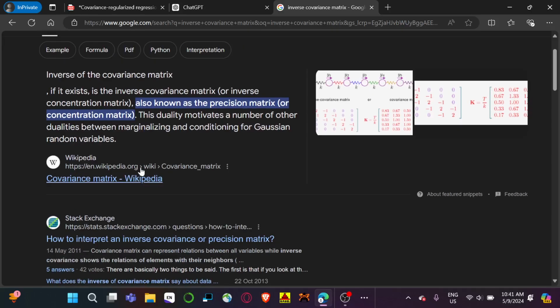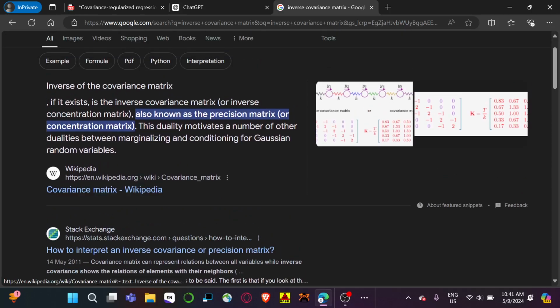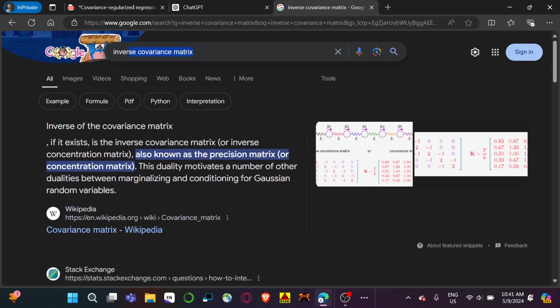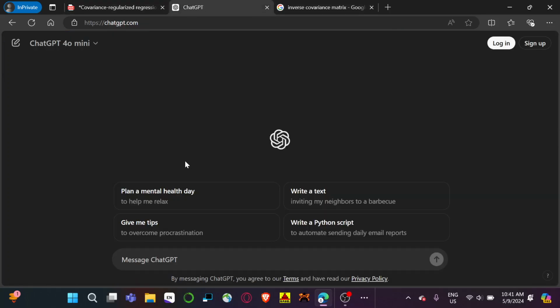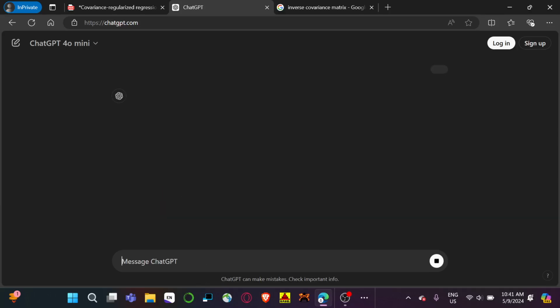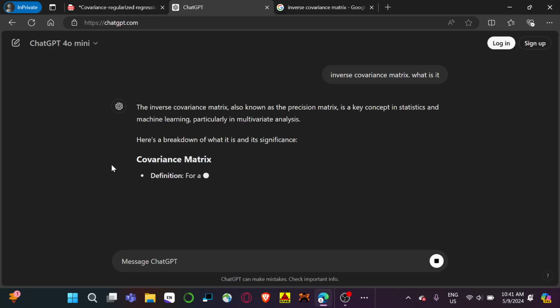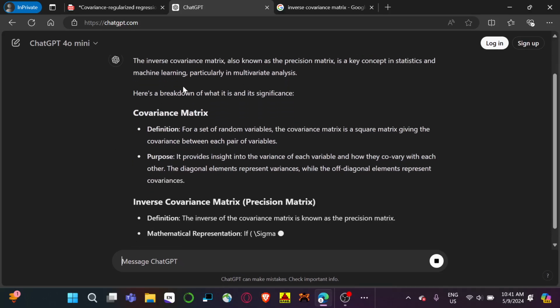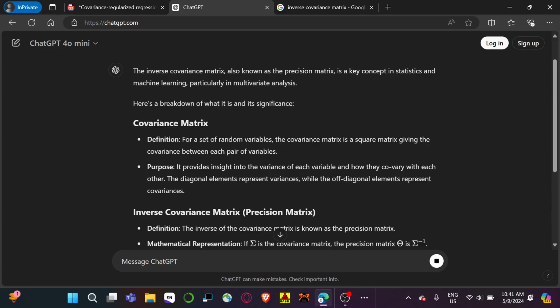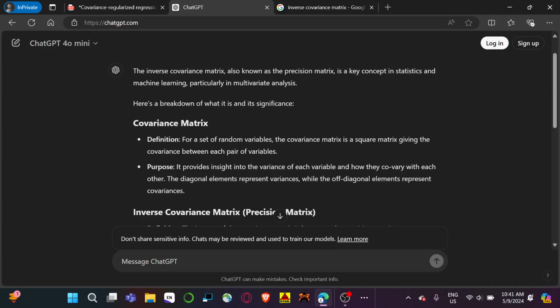But that doesn't say much, so how about we go to ChatGPT and see what it can say. Alright, so that's correct. A covariance matrix is basically a square matrix giving the covariance between each pair of variables.